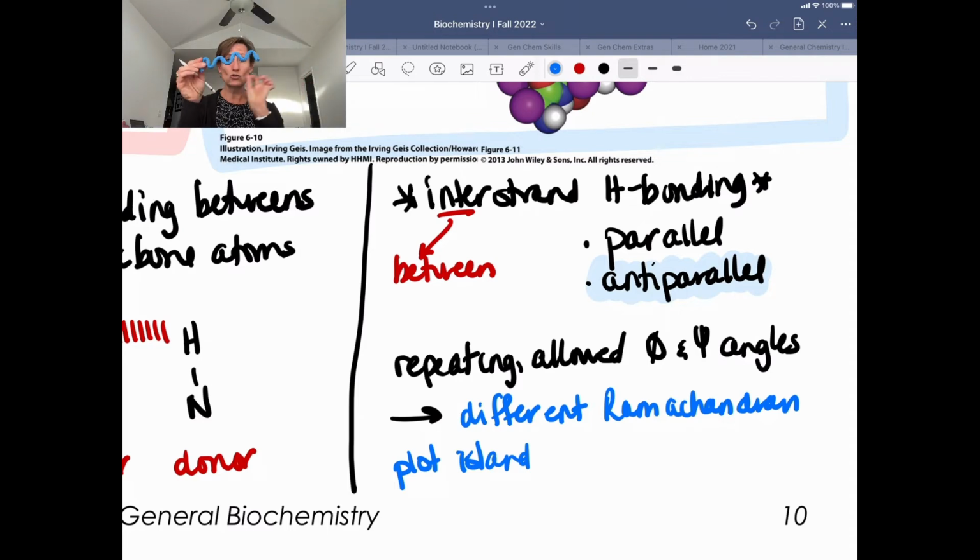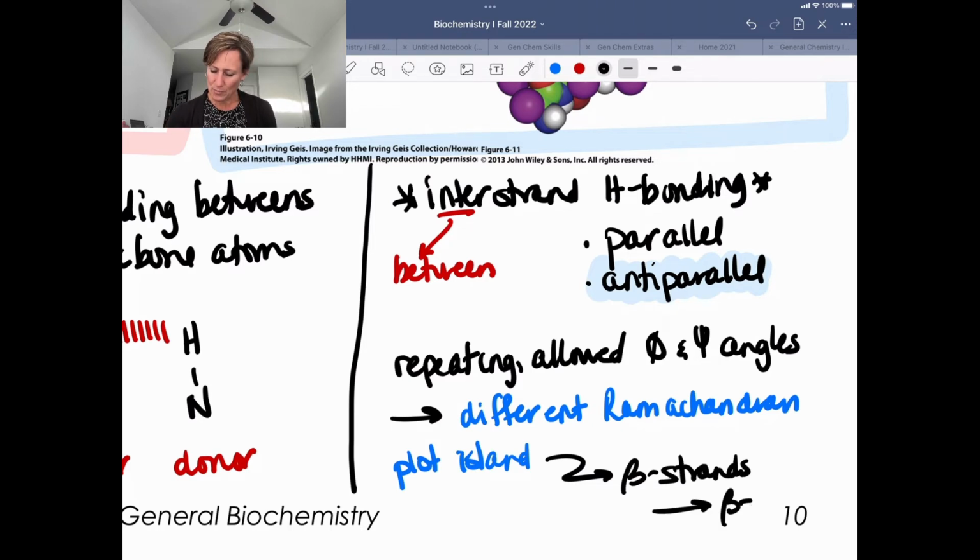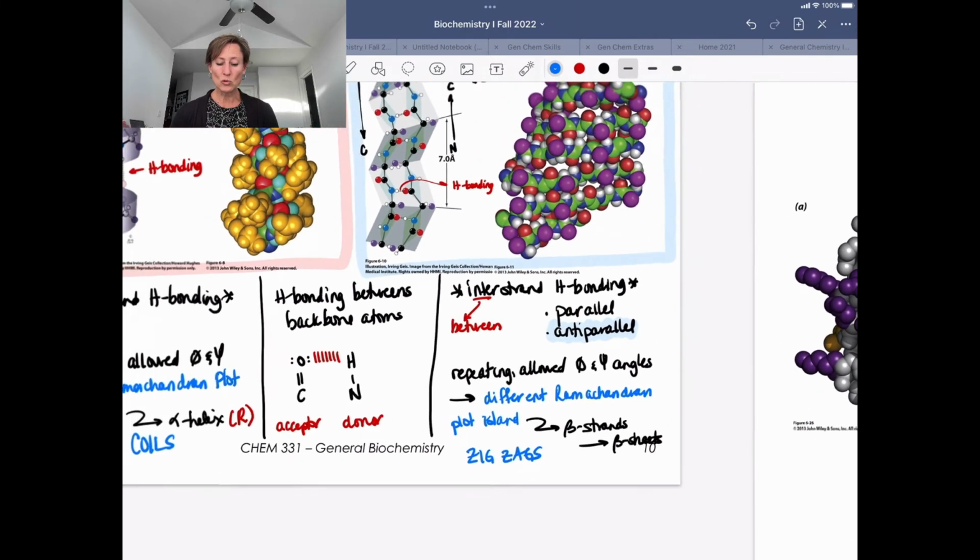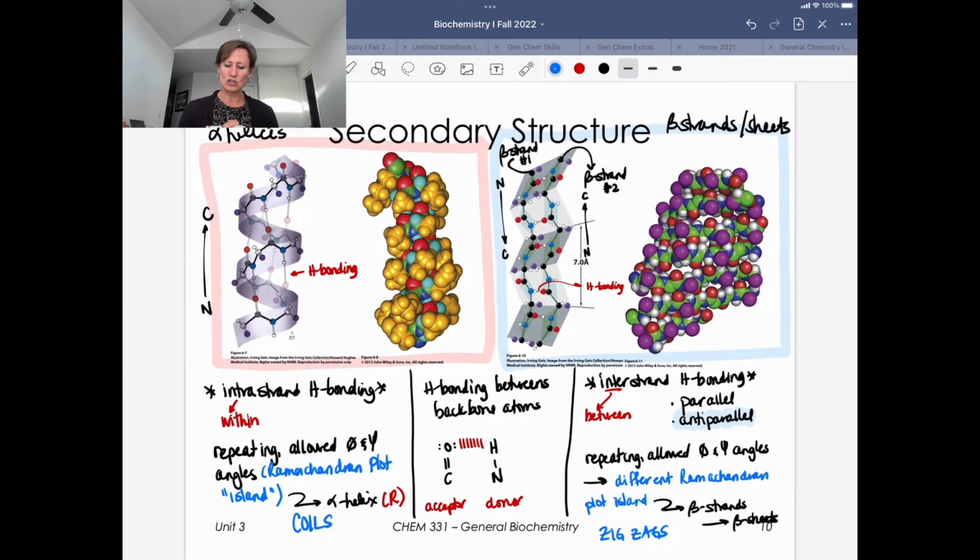I had to make different angles in order to make a zigzag versus a coil, okay? So those different angles are now going to create beta strands, which are going to interact to make our beta sheets. And this repeating allowed phi and psi angle creating a different Ramachandran plot happens when we make zigzags. Okay? So that's how we form these secondary structural elements.